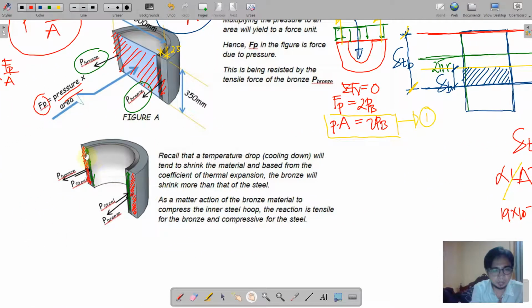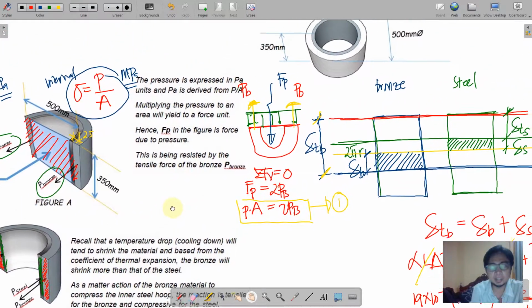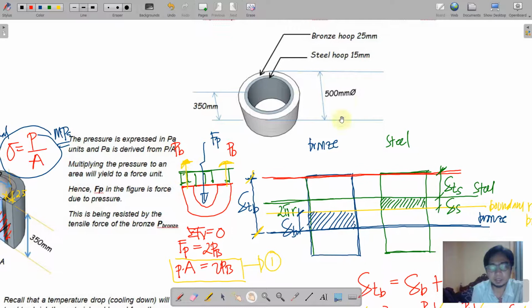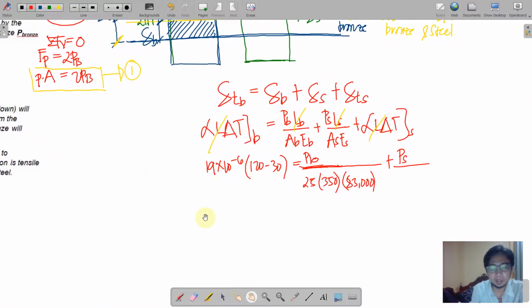As we can see here in the figure again, yung green shaded portion is the fiber that is being compressed. So that is why that is 350 by the thickness of the hoop, that is 15 millimeter. 350 by 15. So we have 15 by 350, and this is 200,000 megapascals.